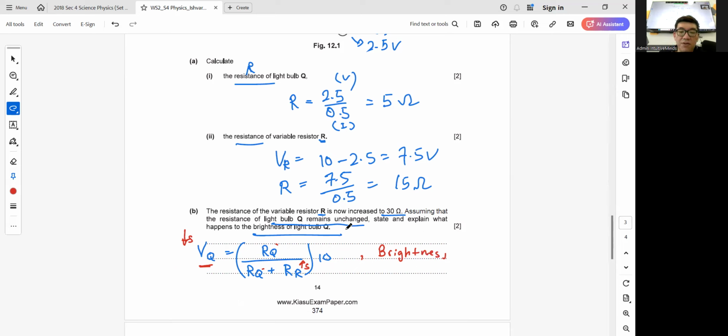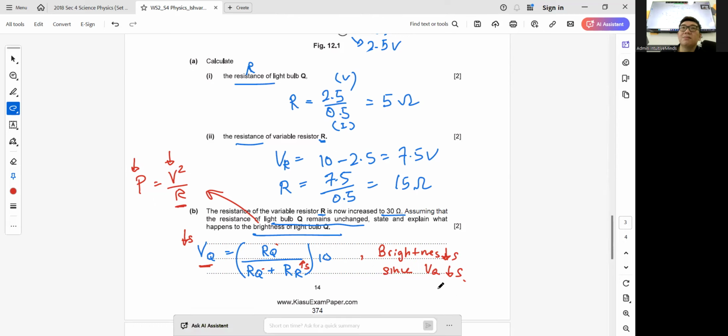Brightness in general is power. You can use V squared over R. So if you drop here, then this will drop. And R is a constant. You can say brightness decreases since VQ decreases. Okay, and that's it. Done.